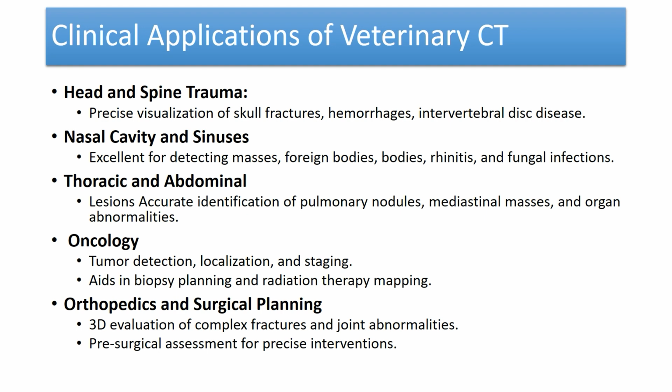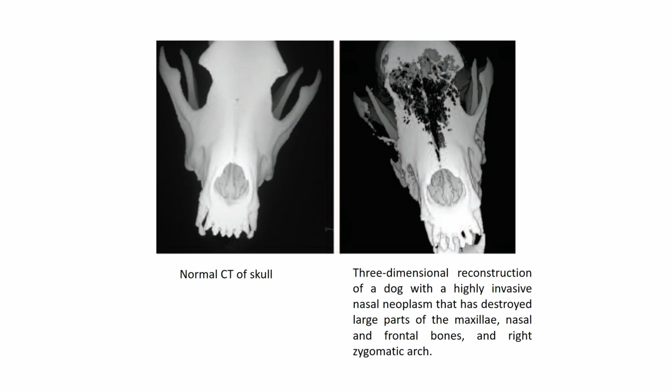You can also use the CT scan for orthopedic surgery or any type of surgical planning. You can do a 3D evaluation of complex fractures and joint abnormalities so the surgery can be planned. Pre-surgical assessment of the precise intervention can also be obtained from this CT technique.